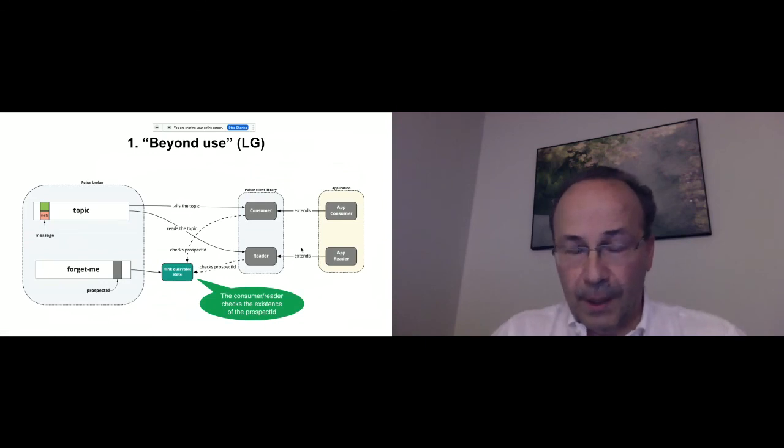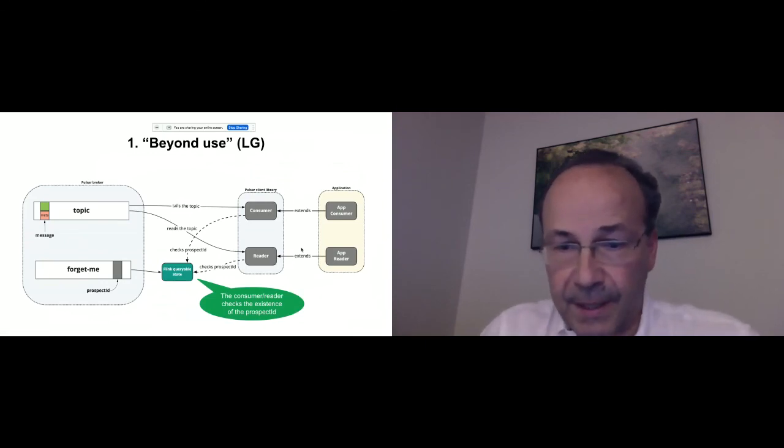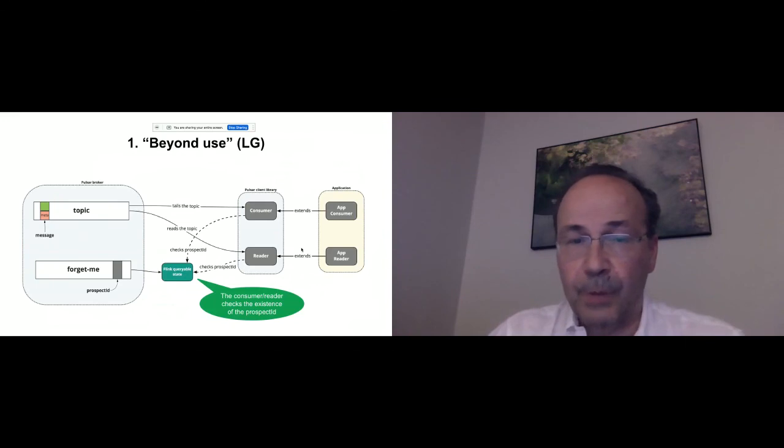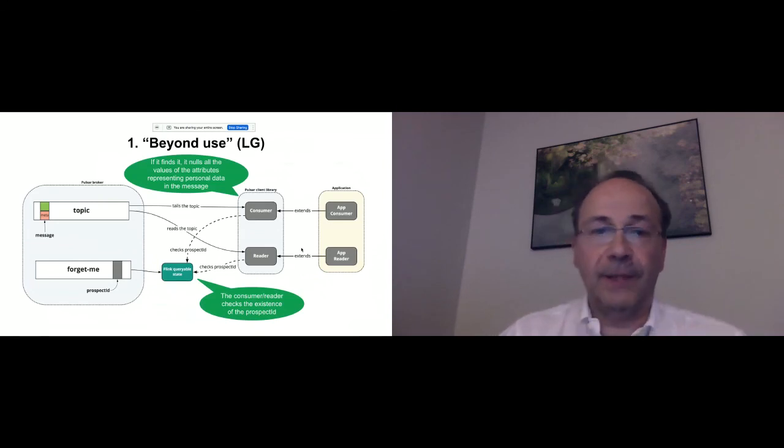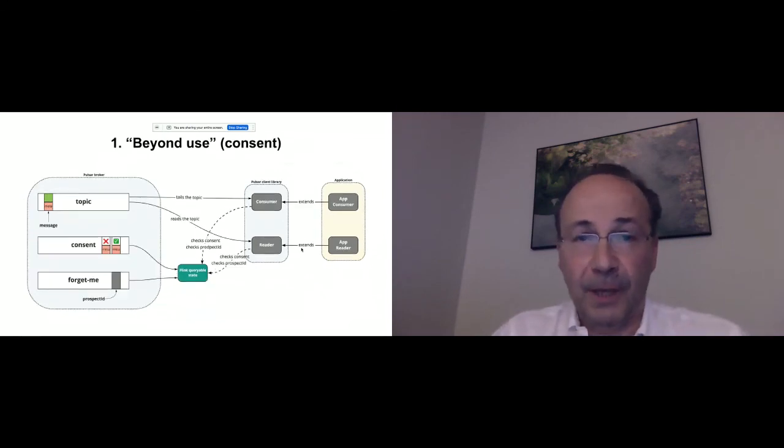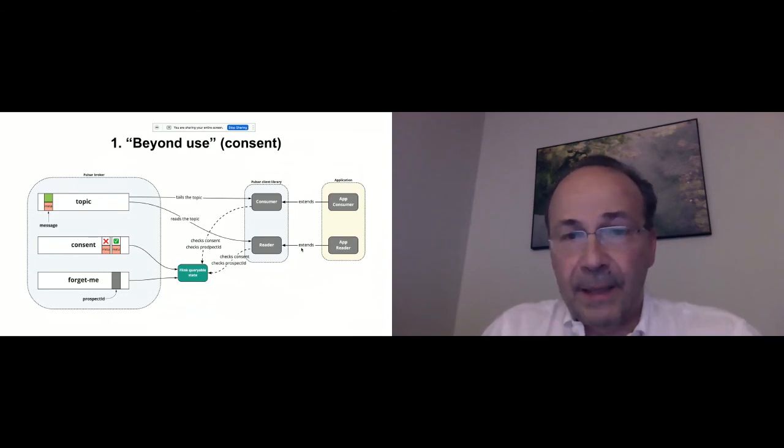So the consumer or reader checks the existence of the prospect ID. If it finds it, it reads all the values of the attributes representing personal data in the message, and we're done. Let's apply it in the case of the consent.